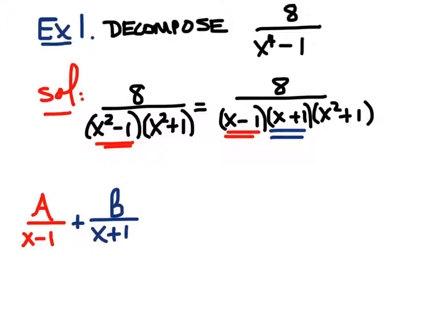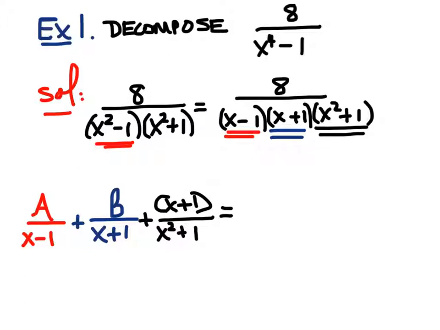Your third factor, x squared plus 1, is an irreducible non-repeated quadratic factor. So you have the form Cx plus D over x squared plus 1. So that's the form of our partial fraction decomposition, and we set that equal to the actual rational function that we started with in its factored form.